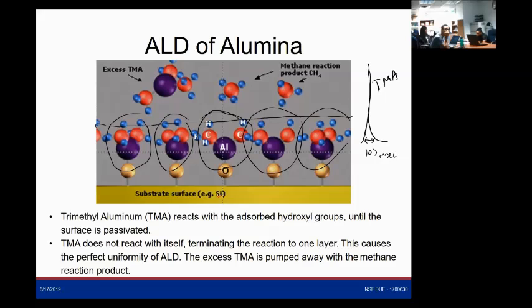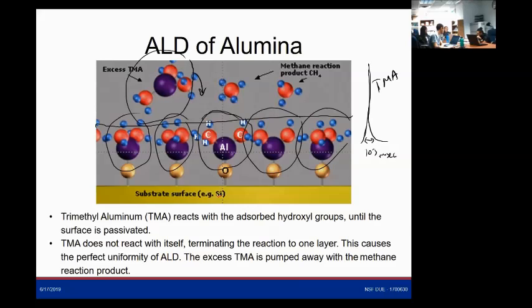And still TMA is coming up. Do you think it will be doing any reaction? No. This is what we call surface limited kinetics. So all of the bonds on the surface now will be tied up. So we do not have any available bonds. And just like CVD, it will be chemistry limited.